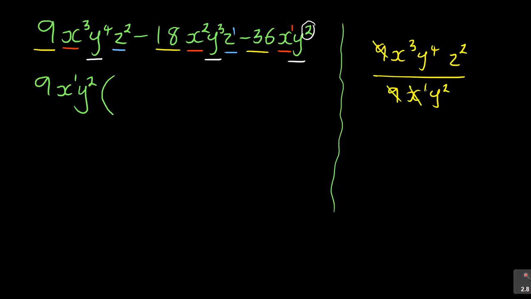Now x is 1, there are 3, 2 will remain. Y squared, but y4, there are 2, 2 will remain. So it's x squared, y squared, z squared. That is what is going to remain.